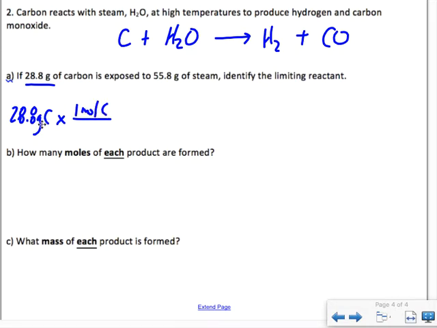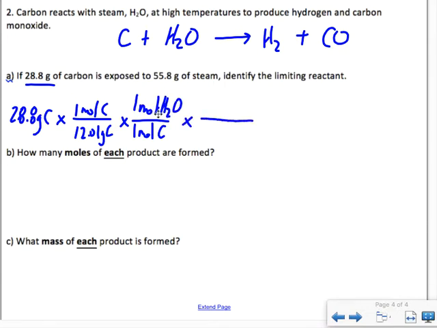Molar mass of carbon, look on the periodic table, 12.01. Now I'm in moles of carbon. I want to get to water or steam, and it's a 1-to-1 ratio. So 1 mole of C goes down here so it can cancel out, and 1 mole of H2O goes here.